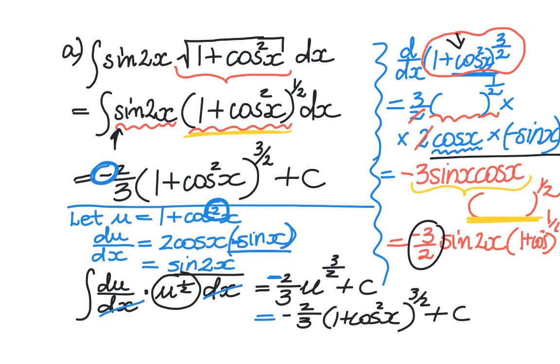Your choice, boys, by inspection or by substitution. You choose which method works better for you. Stop it, redo it, make sure that you do not lose the minuses. Let's look at the next example.